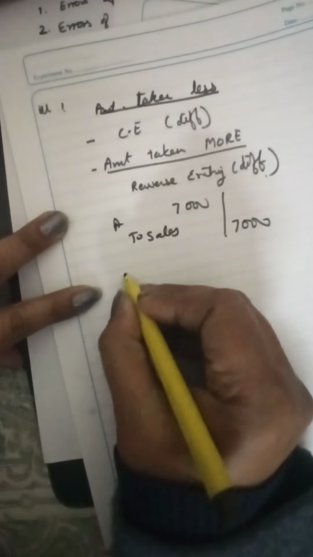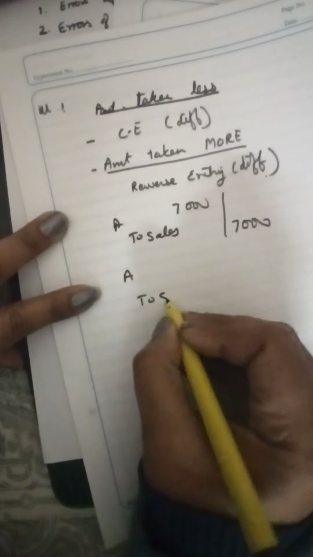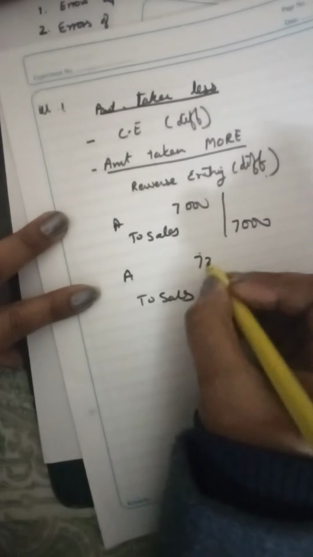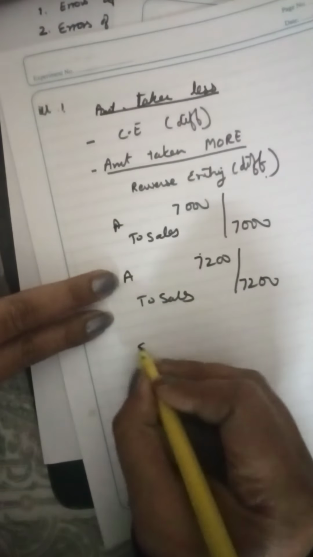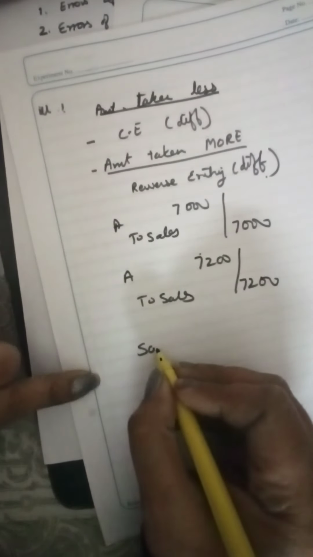See here, it should have been Arun to sales 7,000. And what has been done? We have done Arun to sales 7,200. What do we do now? We will reverse the entry.